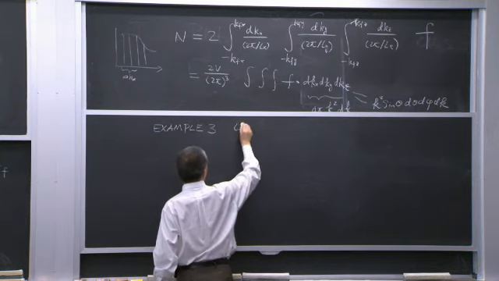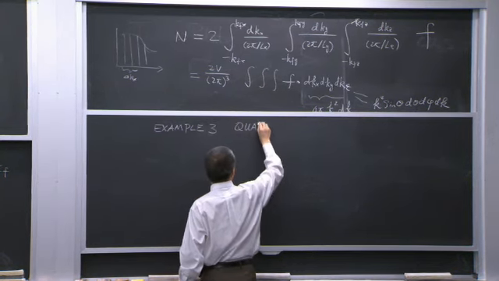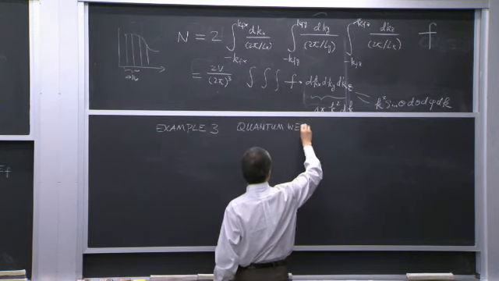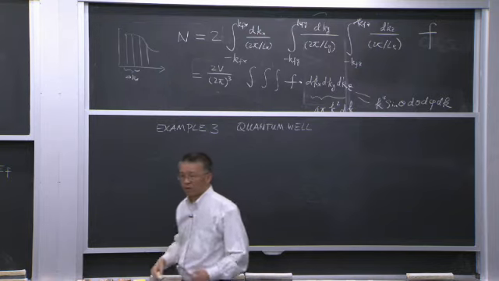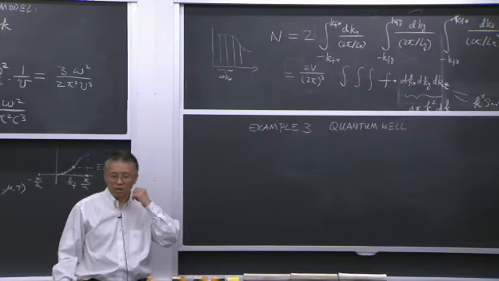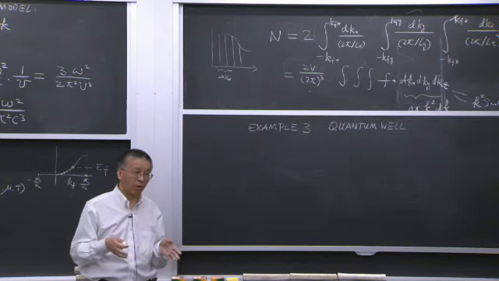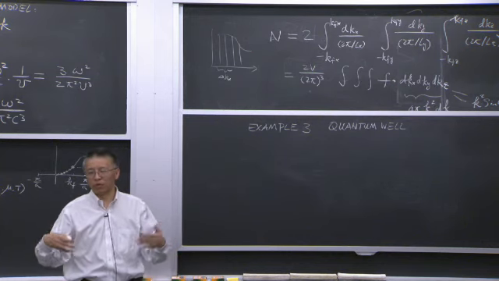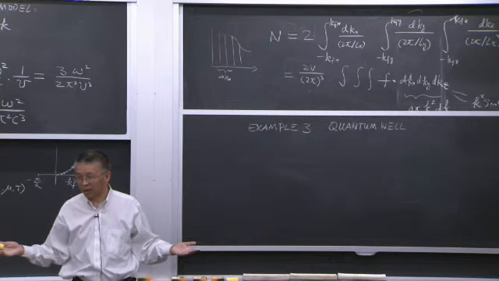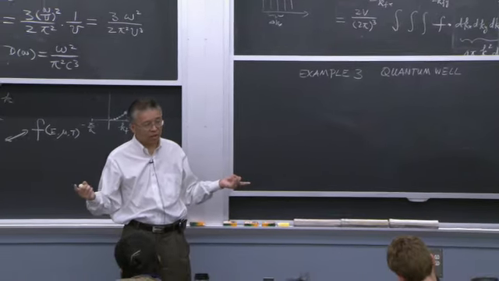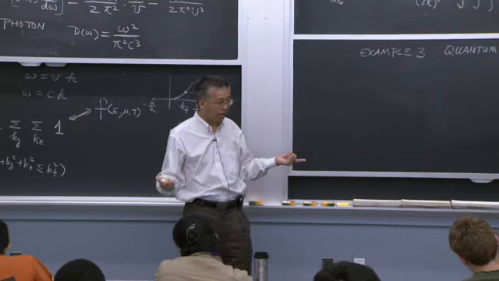I'm going to do a quantum well. Before, when we talked about a quantum well, we said just a one-dimensional quantum well. Now I'm going to give you a more realistic film. In the case of a film, the electron can move in x, y, z, three dimensions.